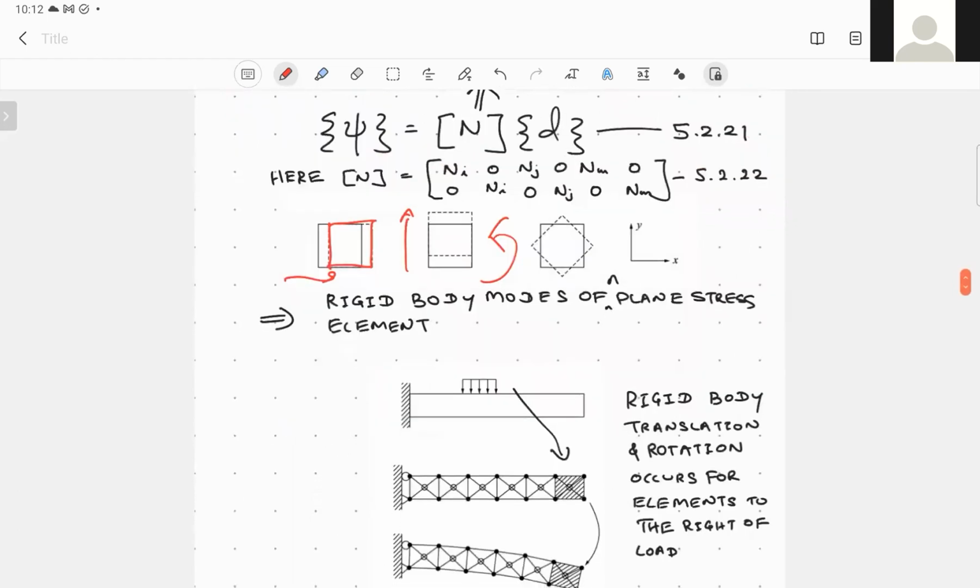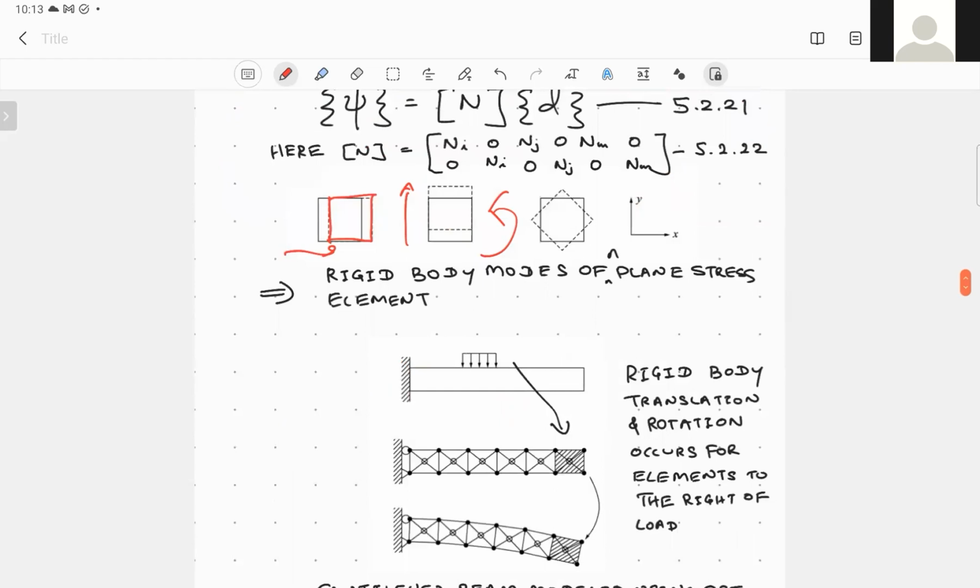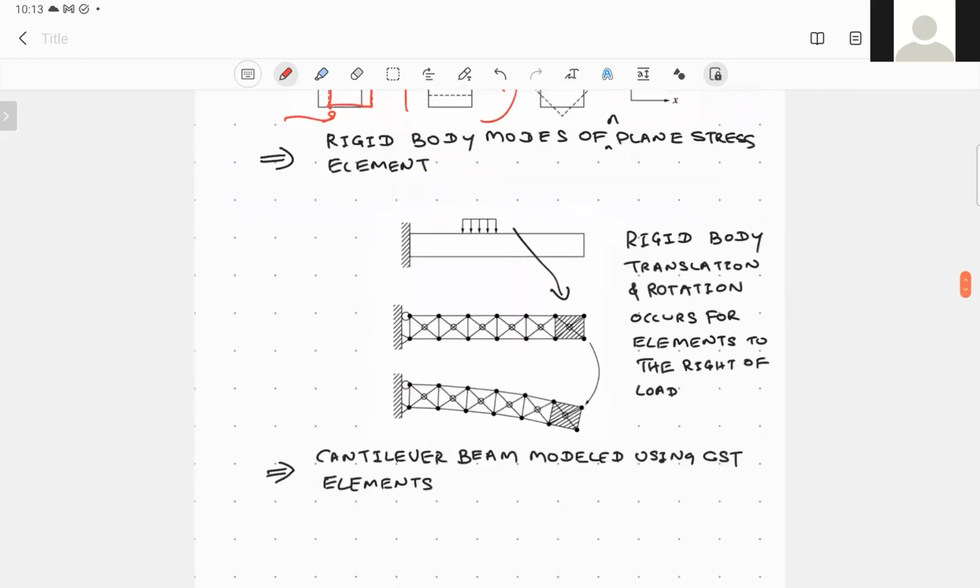If we now consider, for example, a simple cantilever beam which is subjected to a certain load, this total plane stress problem can be captured using plane stress, or what we call constant triangular elements.